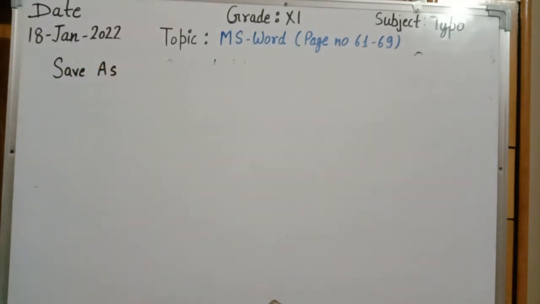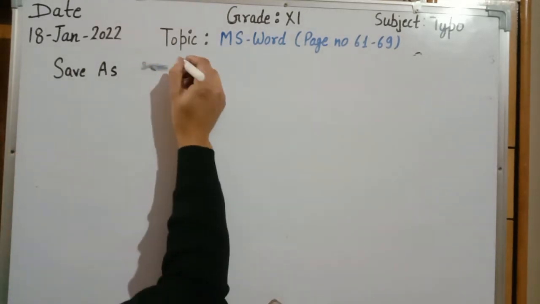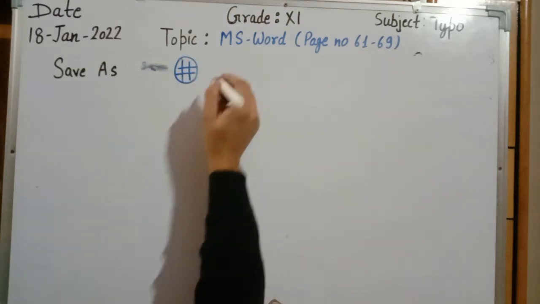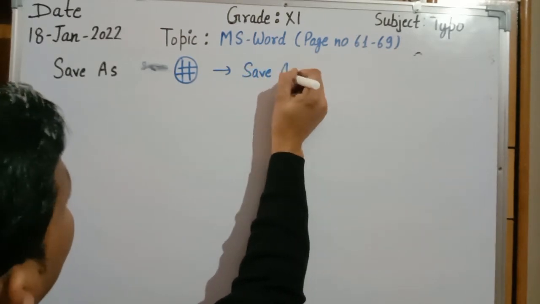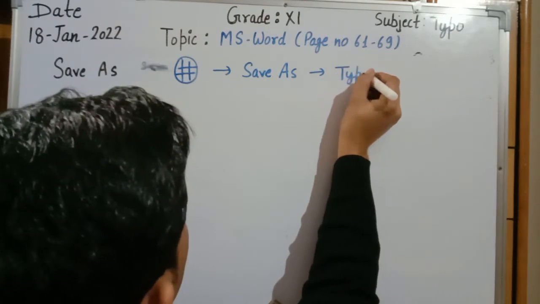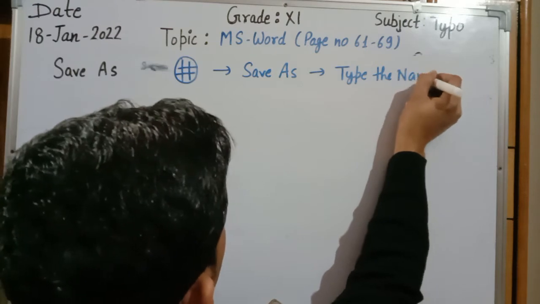To perform the save as option, it's a very simple concept. When we want to save a document, we will click on the office button first. Click on the office button, then select the save as option. In save as, you will type the name of the document and press OK.